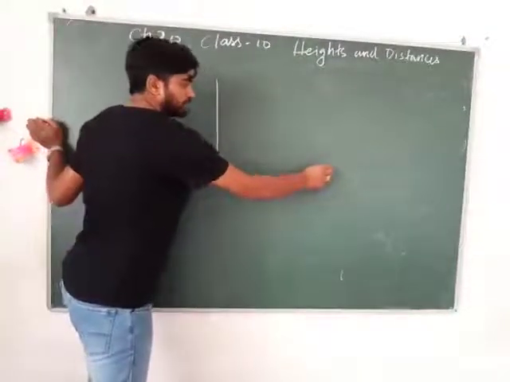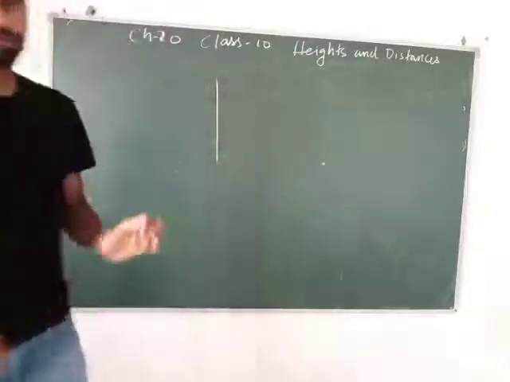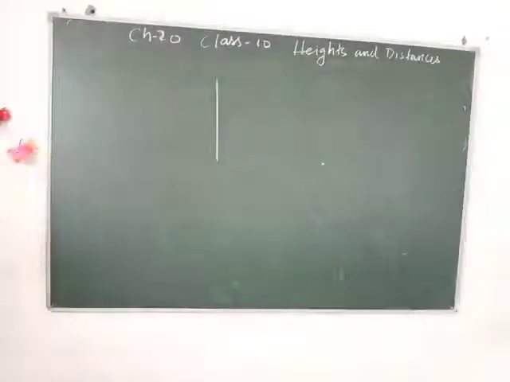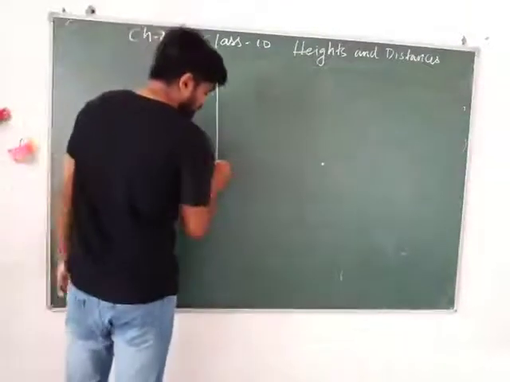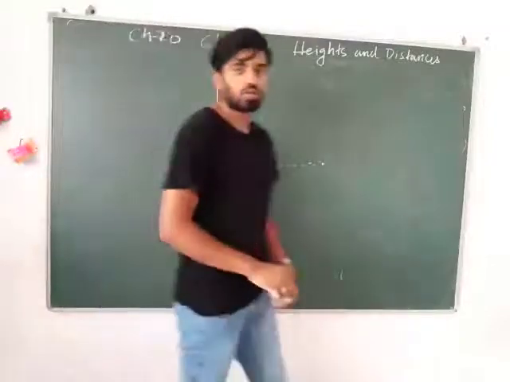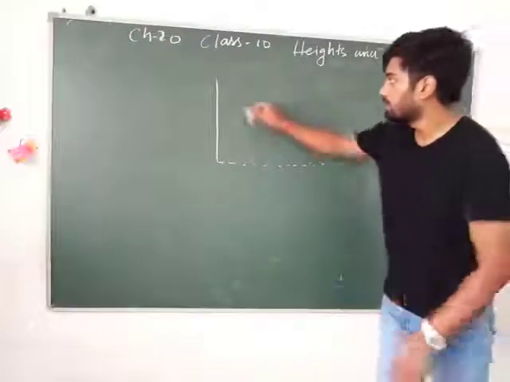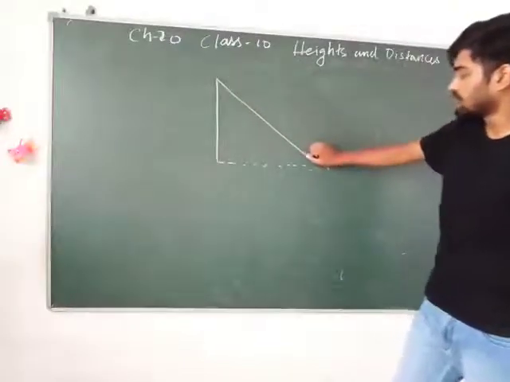I'm standing over here. I know the distance between me and the pole. And if I can figure out the angle to the top of the pole, this is called the angle.